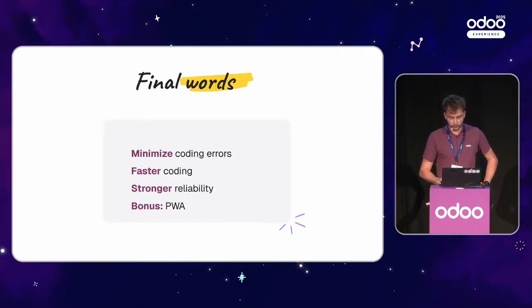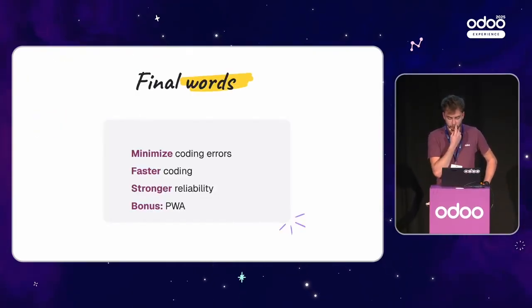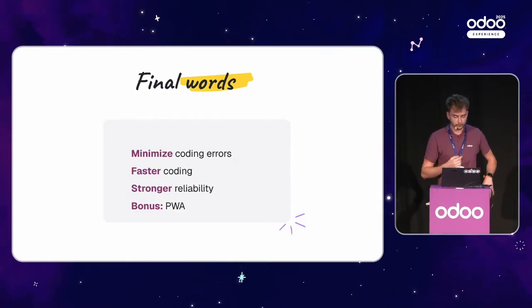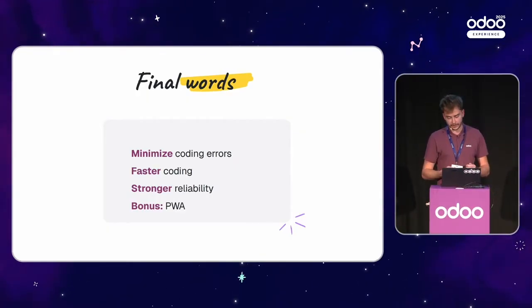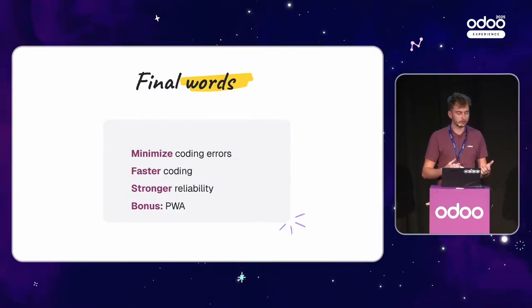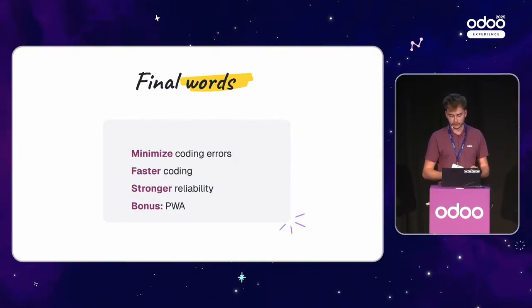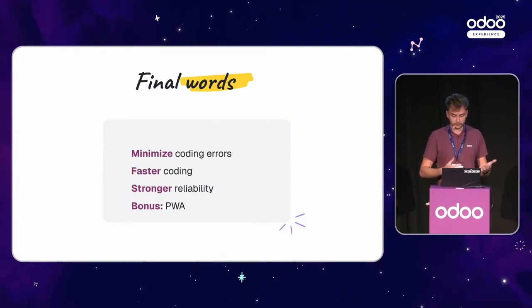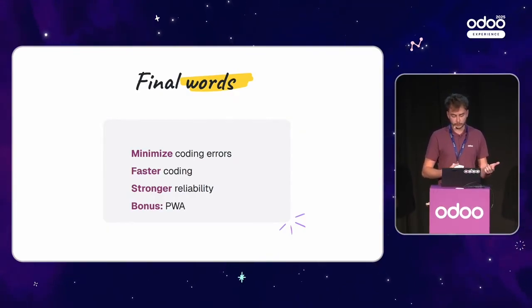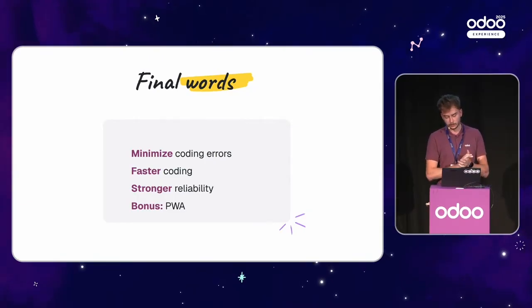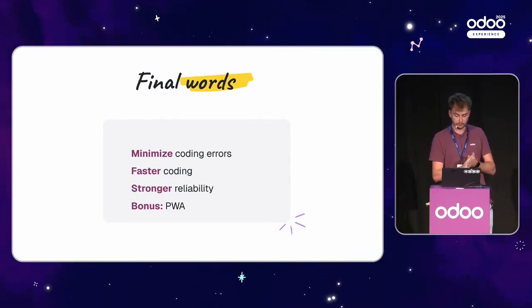So, final words. We managed to minimize coding errors since we have the same fields as in the backend. We don't process the relations in the front end anymore. This made coding faster, since we declare what we want and we'll have it in the front end. Overall, we have stronger reliability.